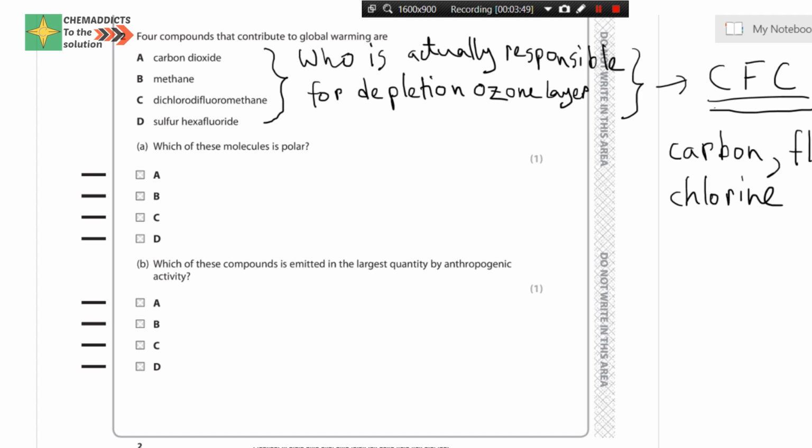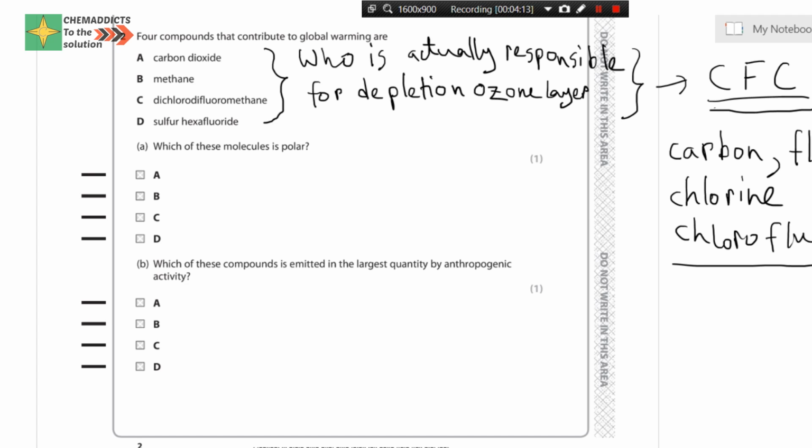In other words we say chlorofluorocarbon. So the naming should be chlorofluorocarbon.